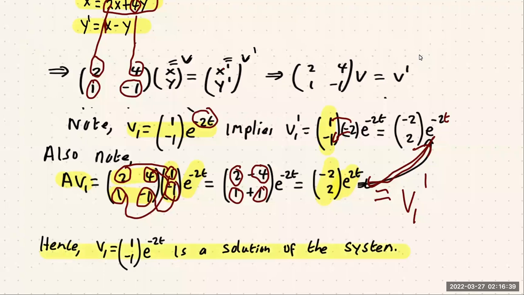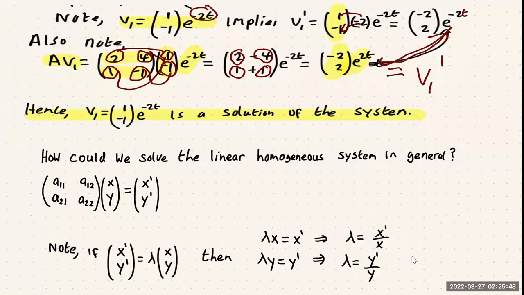Okay, next thing. How could we solve this linear homogeneous system in general? Say you're given this matrix in general form. Let's assume that the derivative x prime, y prime is equal to some constant lambda times my x, y.